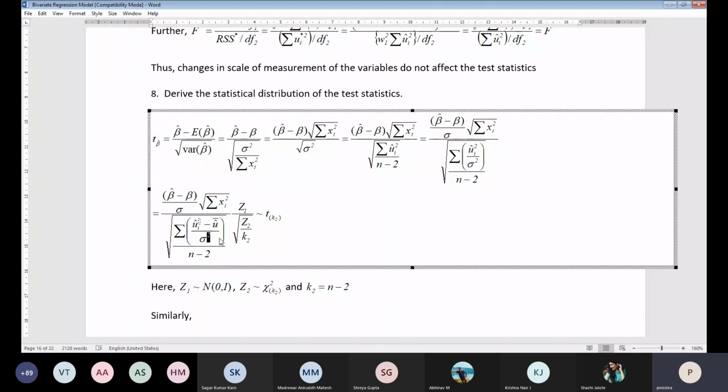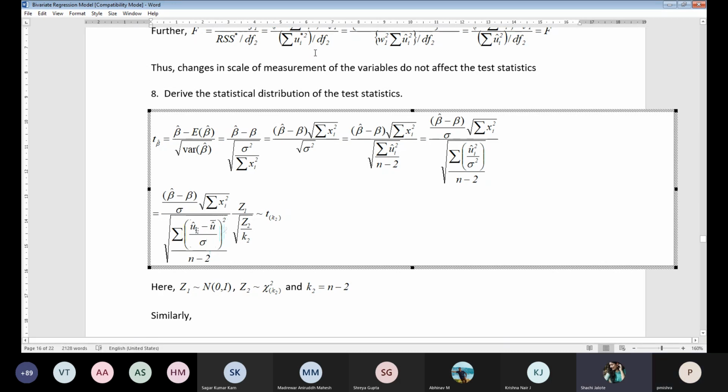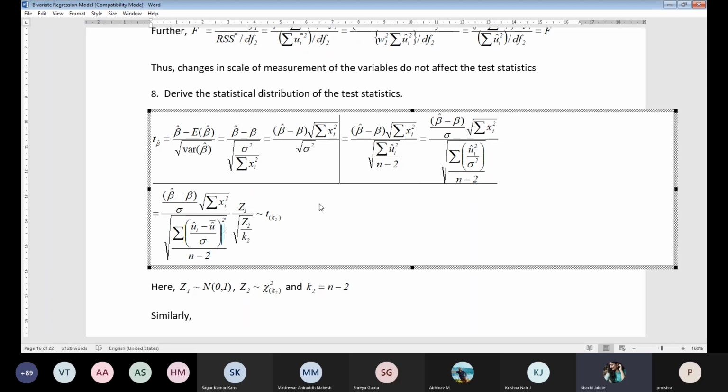Okay, then this sigma square. Can't I write it like this? When we again expand and open the square, the other two terms will be zero. That's why this part is 0. So I am basically writing this as this.